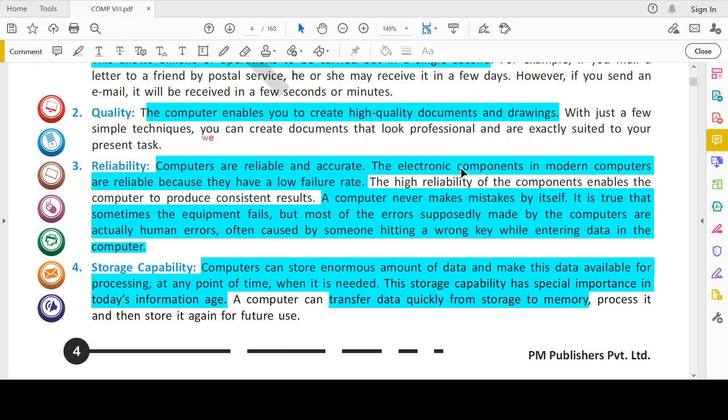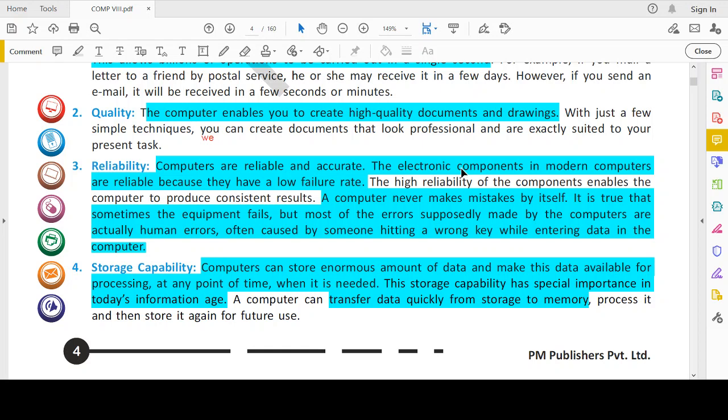So it is reliable. Although you find an unexpected result, you have to assume that the mistake is on the part of the user. The user has given some wrong input because of which it has generated some erroneous output. If there is no error on behalf of the user, the computer will never calculate a wrong result.